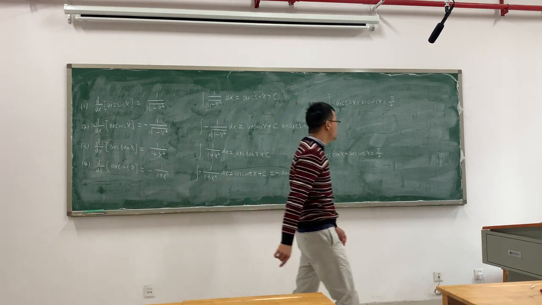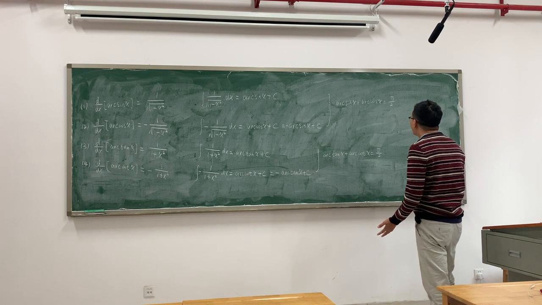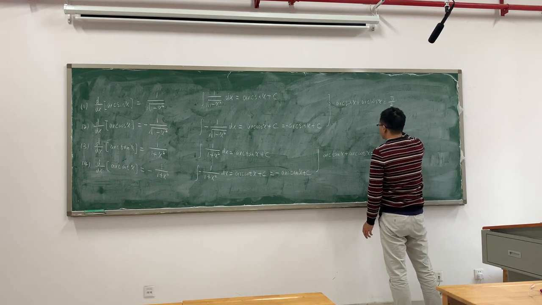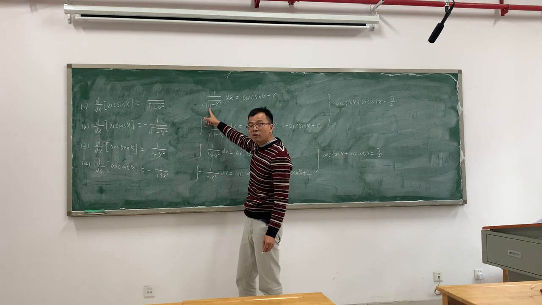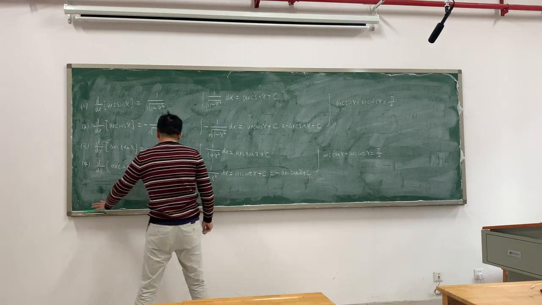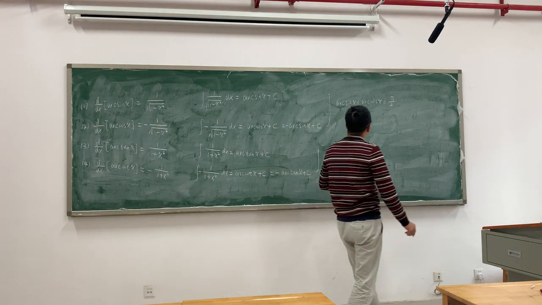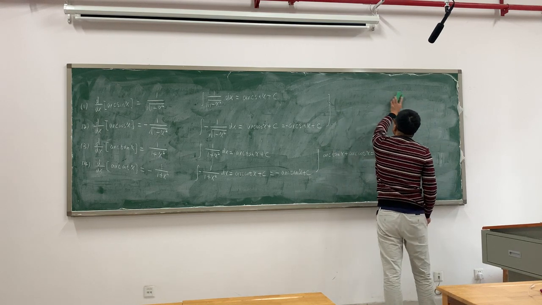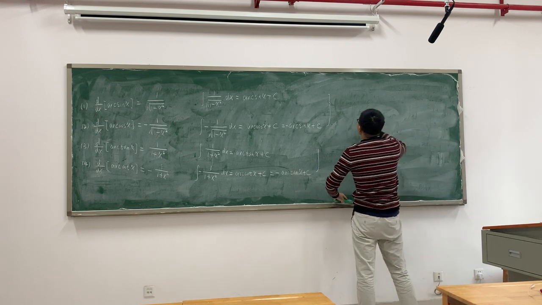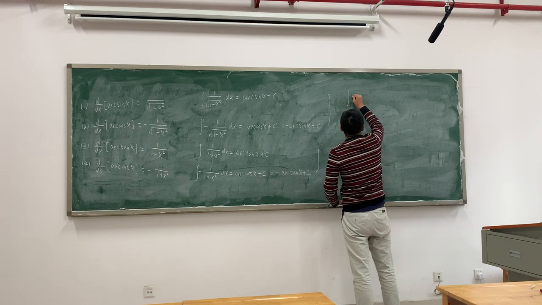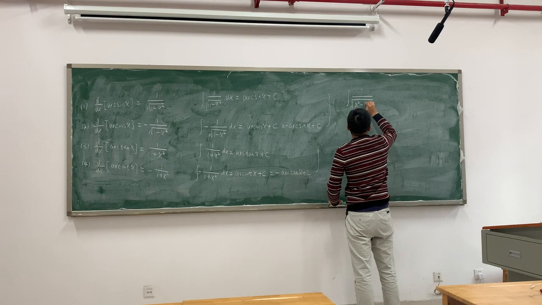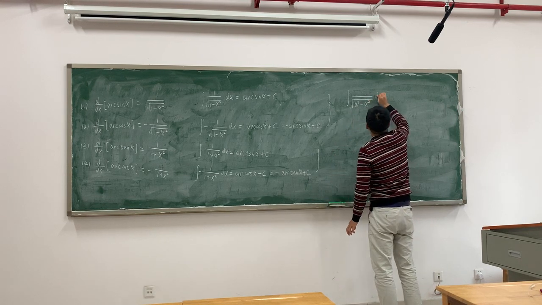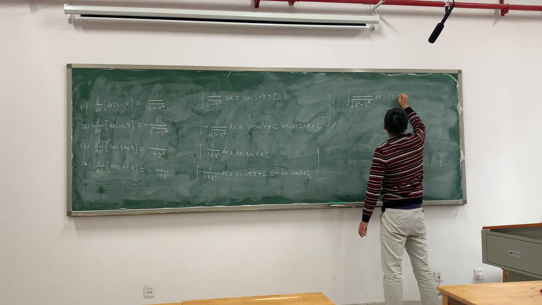Here we have a question. If here is not 1, for example here is 3 or 5, what's the antiderivative? Find the antiderivative of 1 by the square root of a squared minus x squared dx, where a is greater than 0.